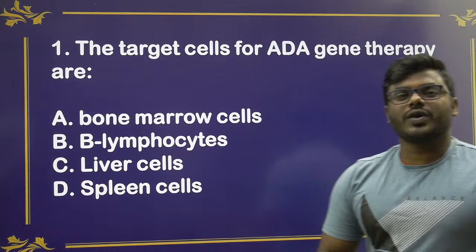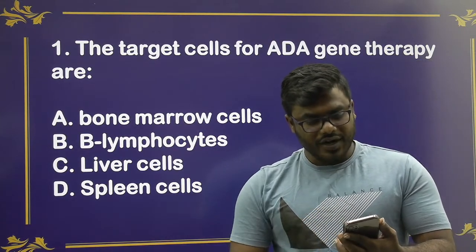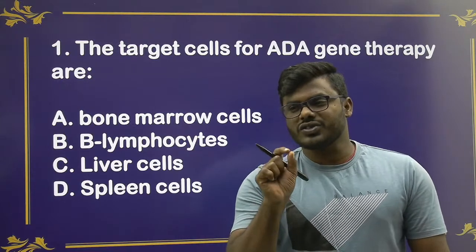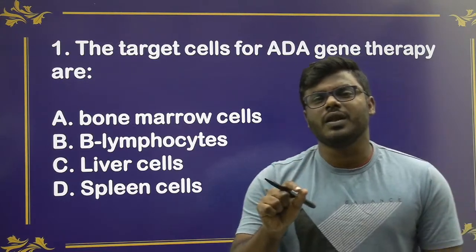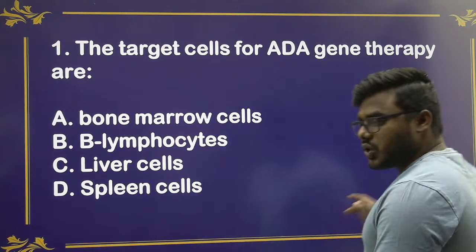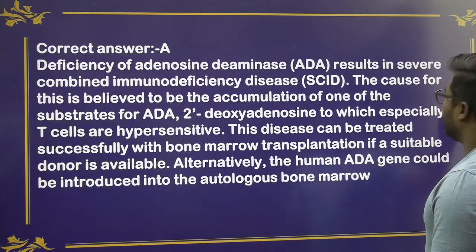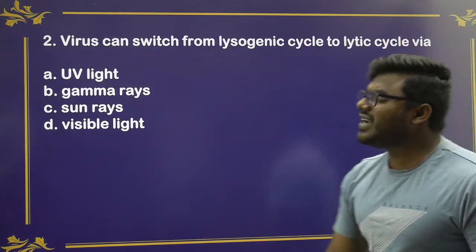Okay, get ready for question number 2. See, all questions seem to be very simple, but you have to think and answer. Slowly, get ready for question number 2. Here you go, 20 seconds.